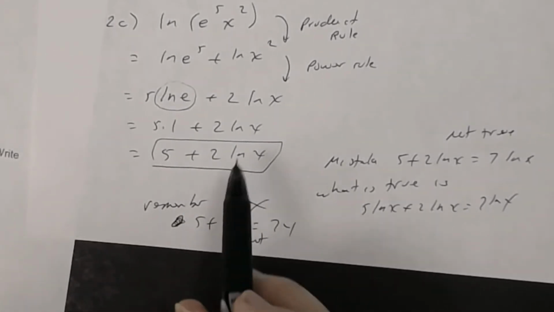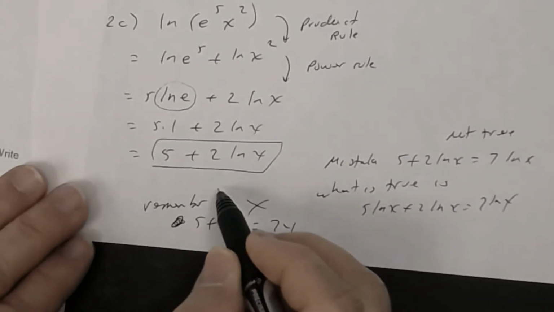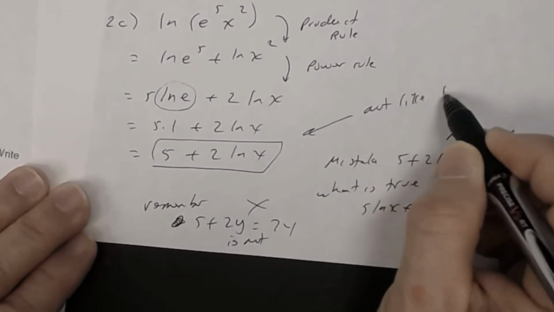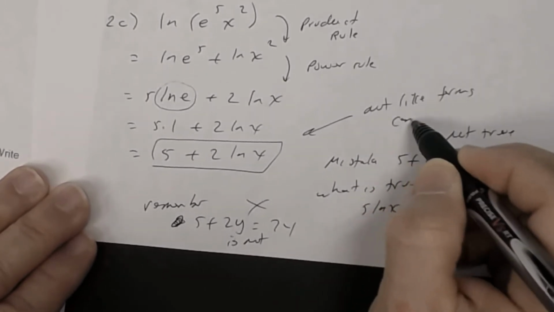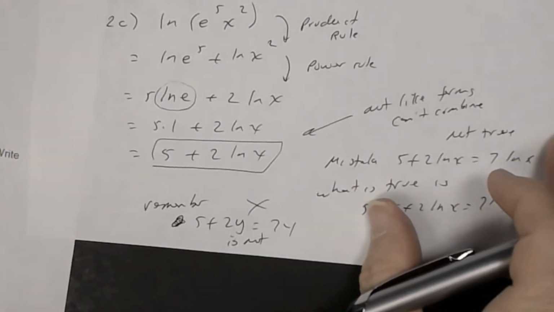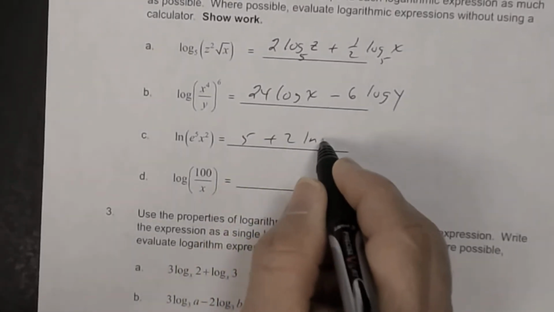Those are not like terms, so you can't combine. So for 2c, the answer is 5 plus 2 natural log of x.